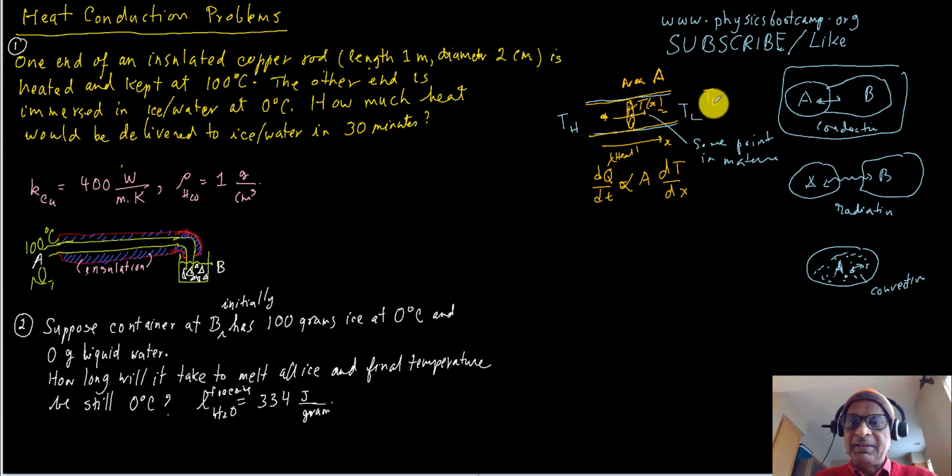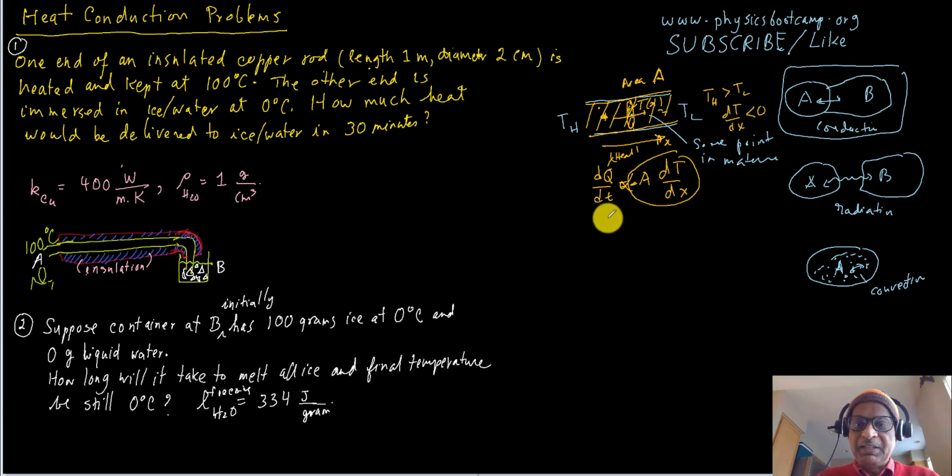The x-axis is this way, so usually we write it with a negative sign to make the whole thing positive. And the only thing left is conductivity. If you made it of copper versus carbon versus aluminum, it will be different.